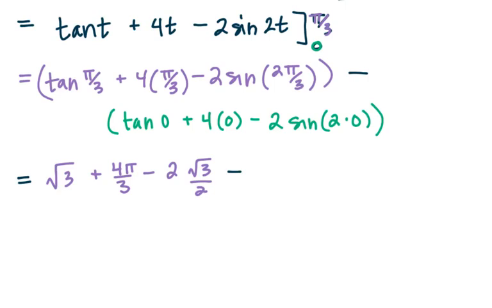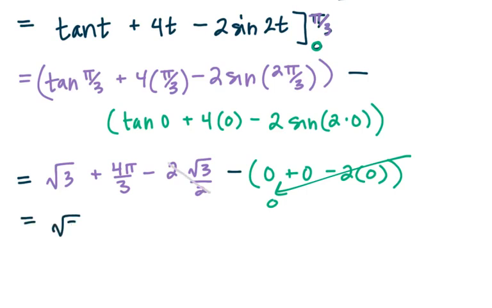And then we have minus tangent of 0 is 0, 4 times 0 is 0, and 2 sine of 0 is 0. So this guy just goes to 0. And these 2's cancel out. So I have square root of 3 plus 4 pi over 3 minus square root of 3. Square root of 3's are gone. And my answer is 4 pi over 3.